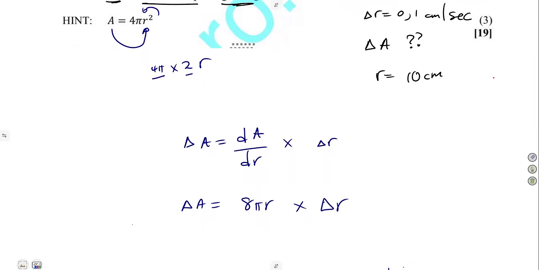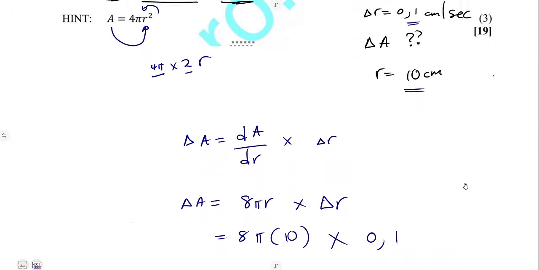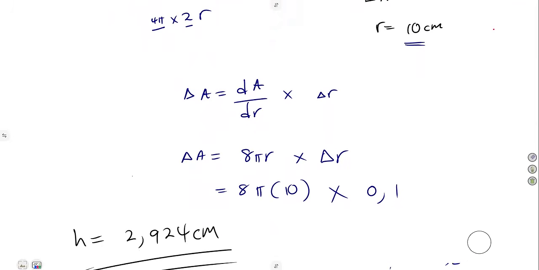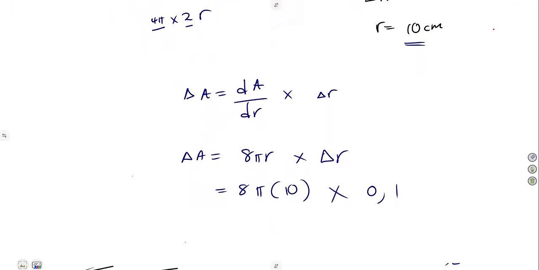This is going to give us the change in what? The change in area. So 8 pi times our radius, which is 10, times the change. Our change is what? 0.1 per second. So it's going to give us the change in area per what? Per second.